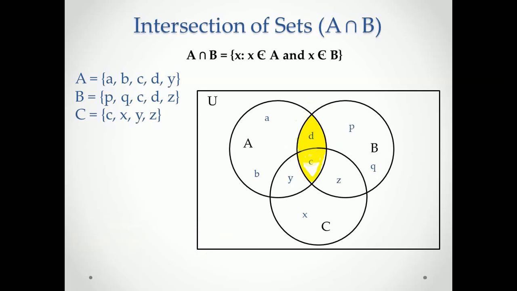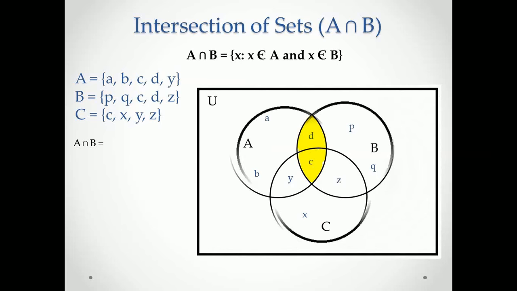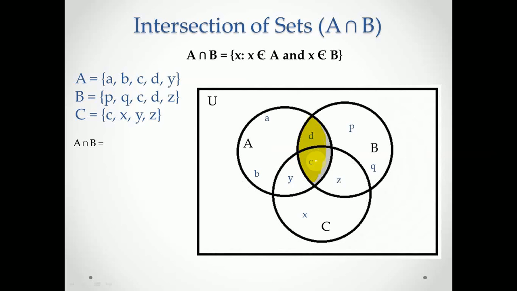Which I have highlighted as yellow. Okay. So this is the common portion and the elements which are common are C and D. So we'll write A intersection B as the elements which are common, and these are C and D.